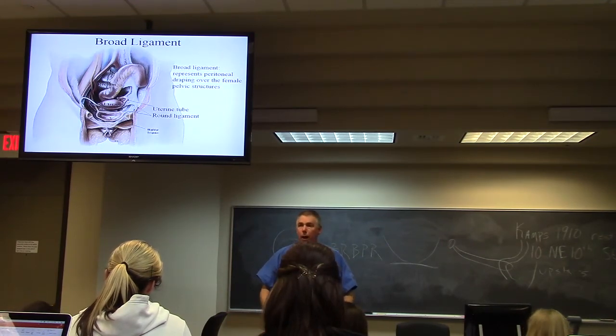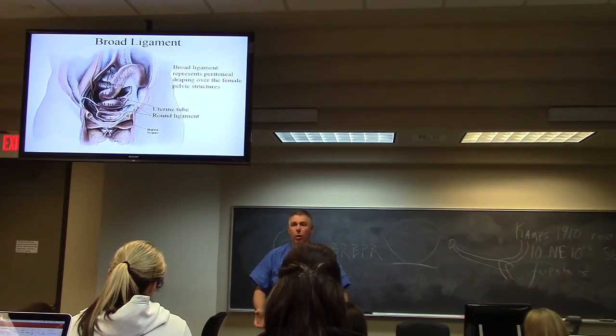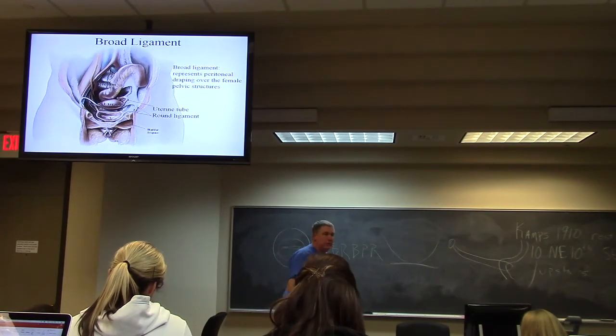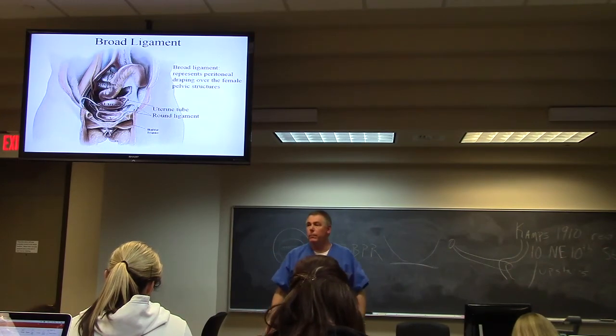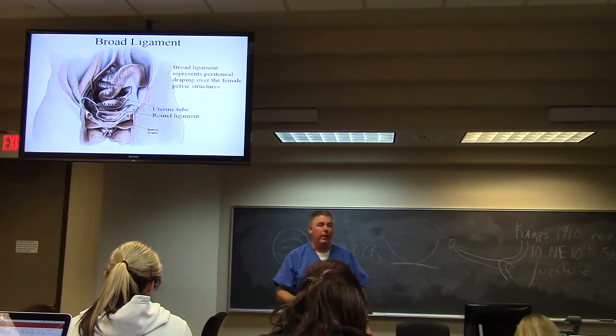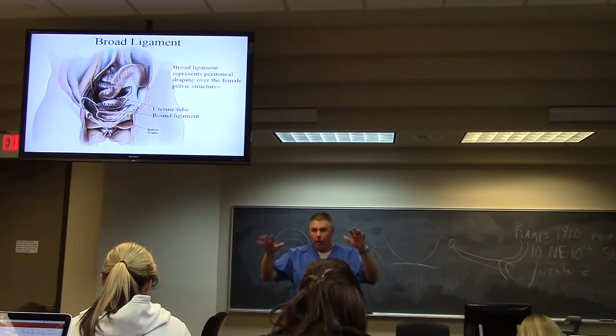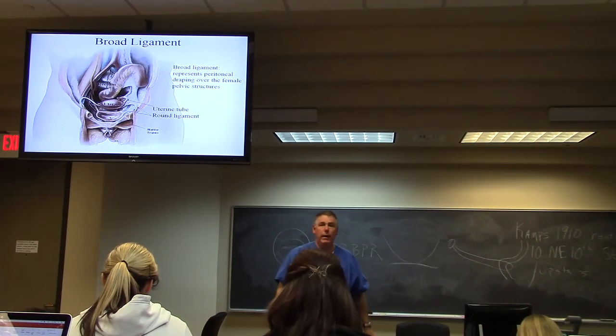The part of the parietal peritoneum that covers all of the pelvic organs is called the broad ligament. And it's called that in females. I don't even know if it has a name in males. But when you refer to the broad ligament, you're talking about the parietal peritoneum reflection onto the female organs, inferior.